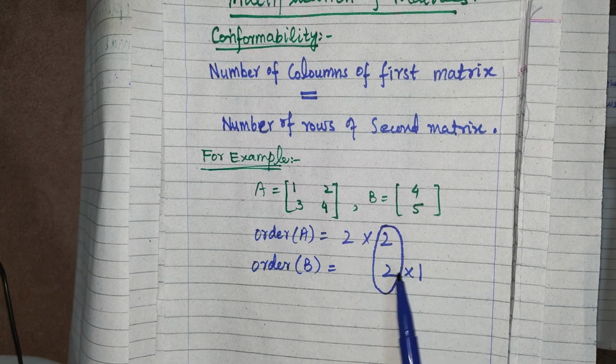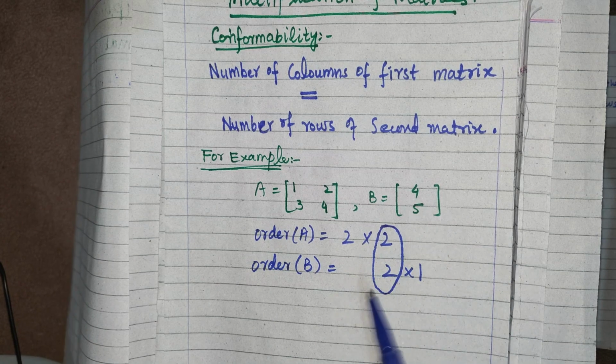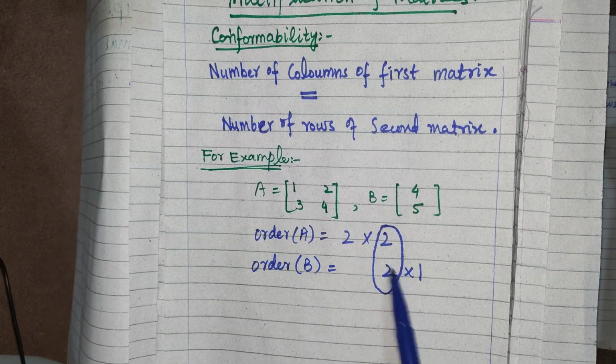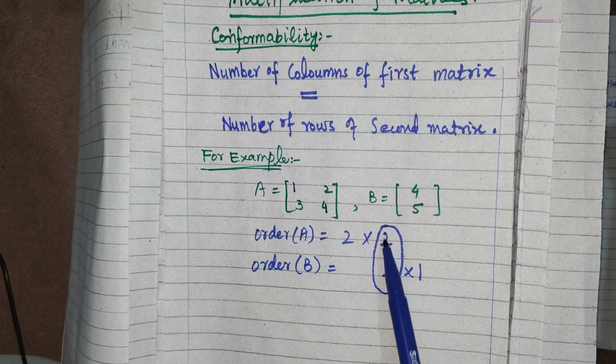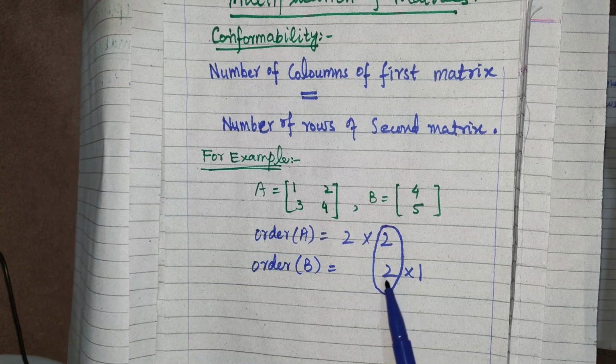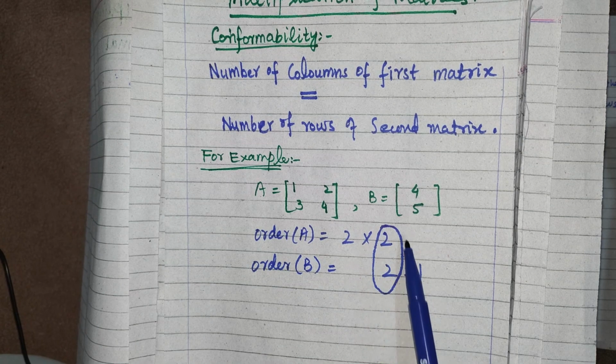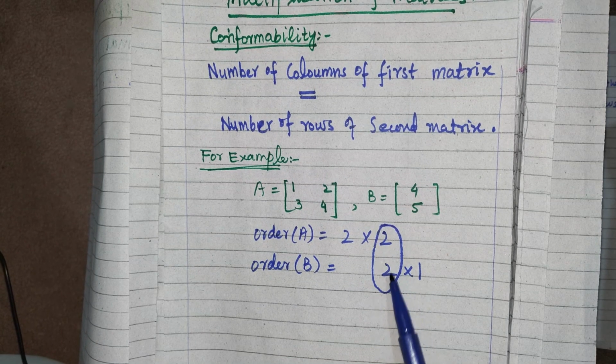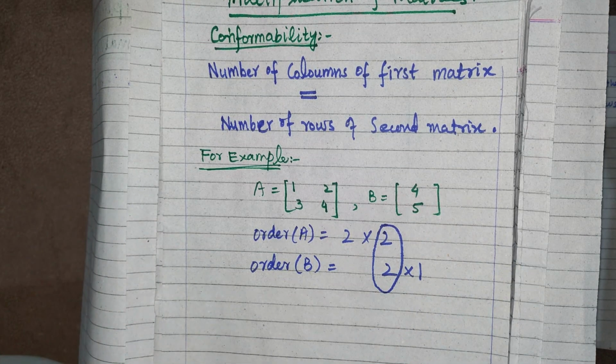We can now easily check the number of columns of the first matrix and the number of rows of the second matrix. Here they are both 2, so they are the same. In this case, we can multiply them.